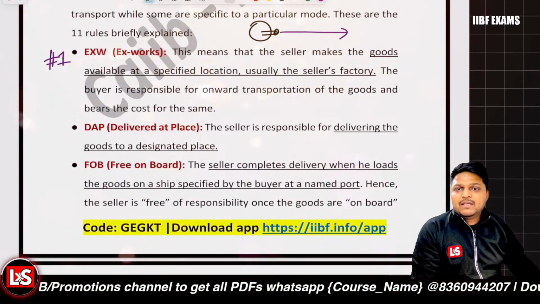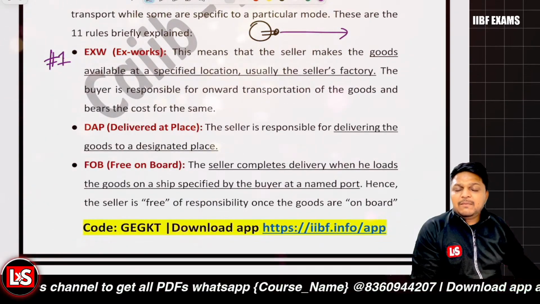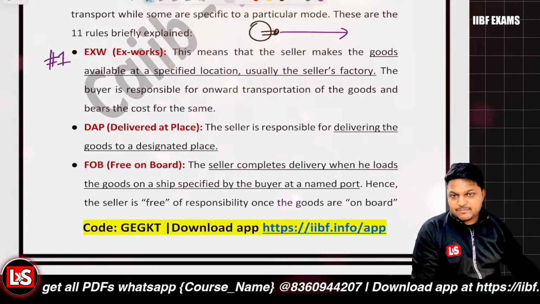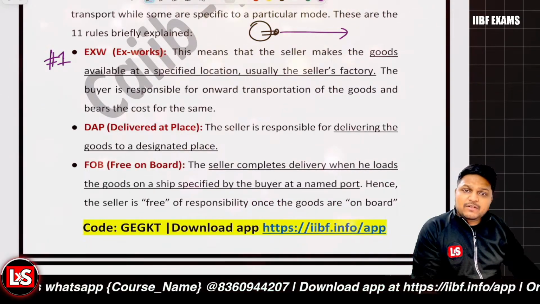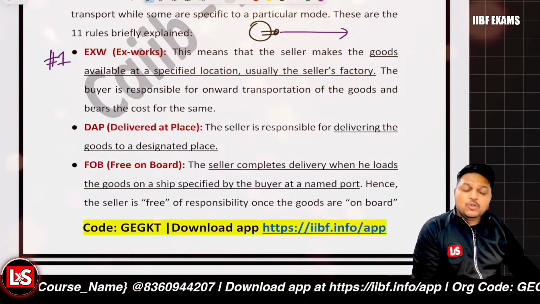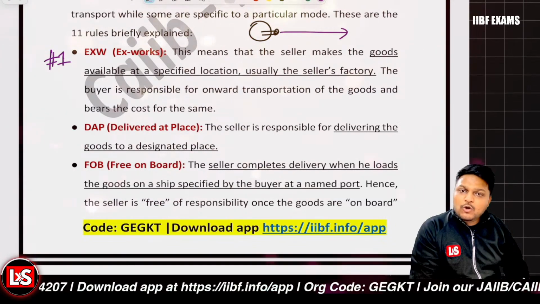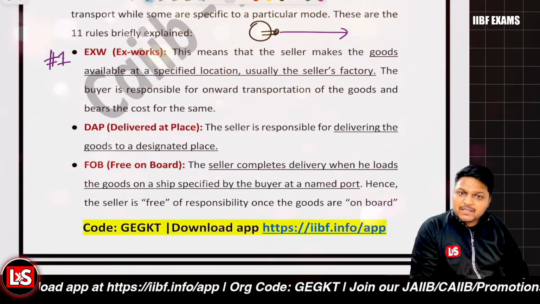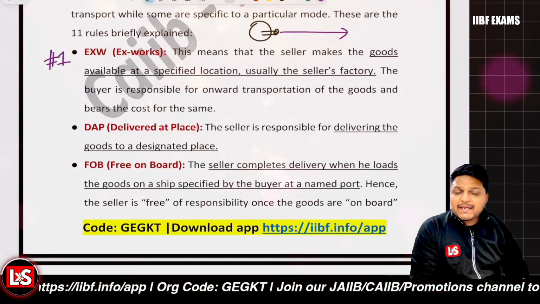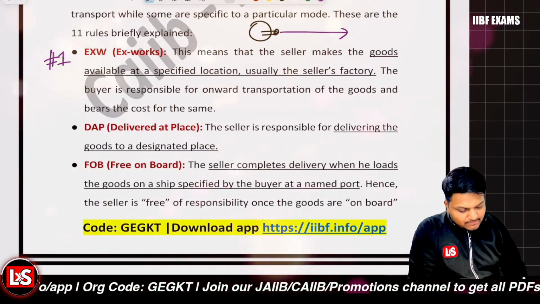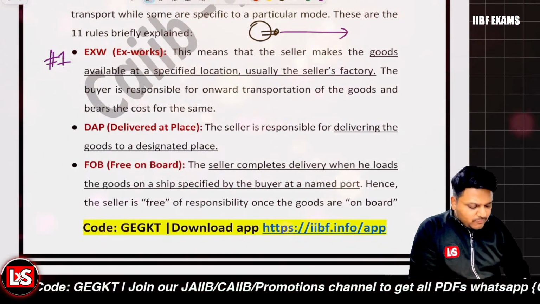The second one is the DAP, that is delivery at place. The seller delivers ready for unloading. So unloading will be done by whom? It will be done by the seller, and the buyer is to handle the import clearance. So let me write over here.